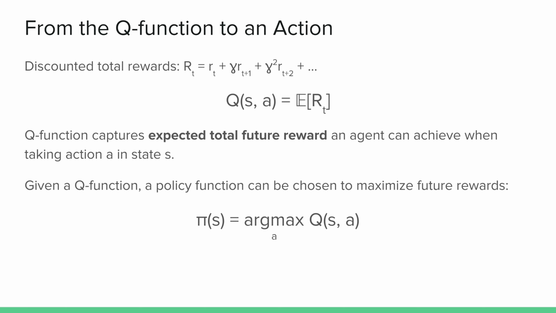That is the simplest way we can get from the Q function to an action, by reformulating it as a simple policy that gives us a particular action. In reinforcement learning, the biggest challenge is to find such a Q function or a policy function.